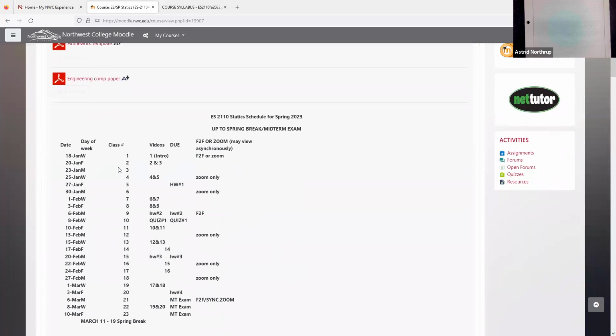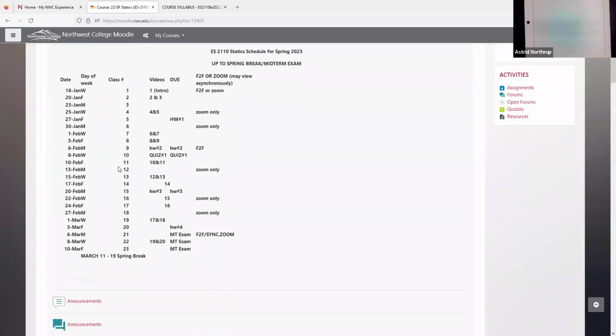All right, so the first order of business before we start talking about the syllabus is what our schedule is going to look like. This is the schedule up until spring break, and that's 3 days a week, Monday, Wednesday, Friday. Basically all of the material that we need is on the Moodle page. Every lecture that I do, whether it's synchronous or asynchronous, will be recorded and put on the Moodle page.